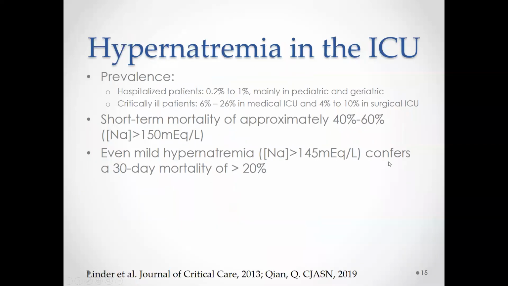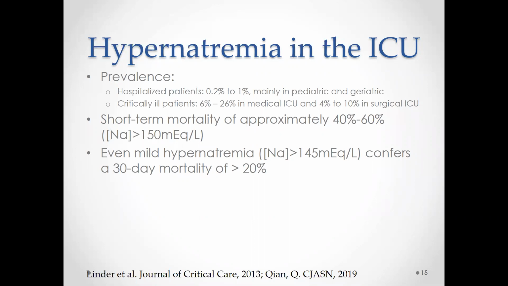So, hypernatremia in the ICU. The prevalence is actually described as rare when a patient is hospitalized, up to 1%. If it happens, it mainly happens in the geriatric or pediatric population. For critically ill patients, it can go up to 26% in the MICU and 10% in the surgical ICU.